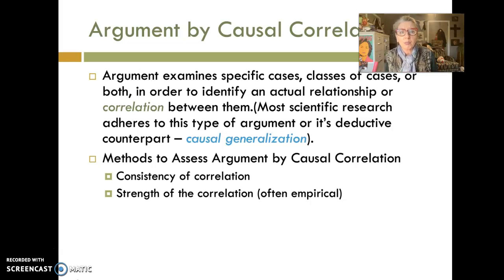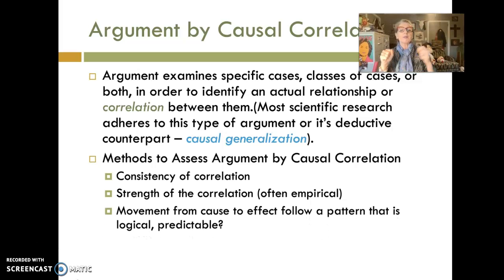Does the data support what you are arguing? Not just the correlation you're making, but does the data support it? And does the movement from cause to effect follow a pattern that is logical or predictable?